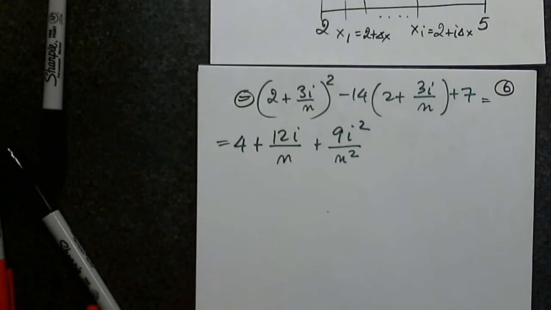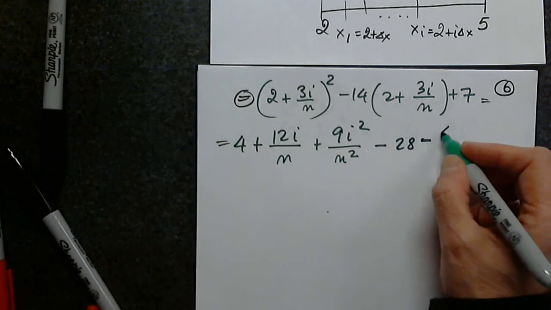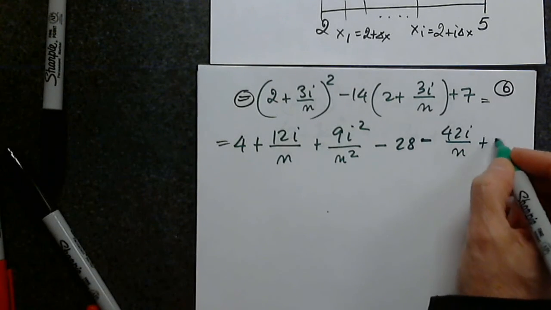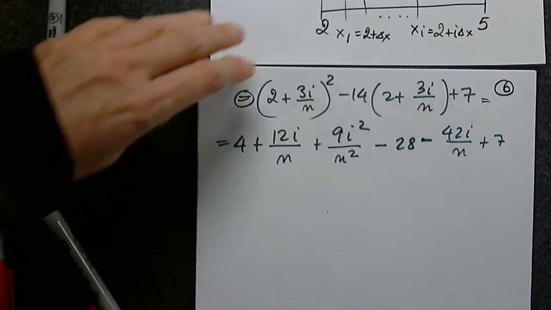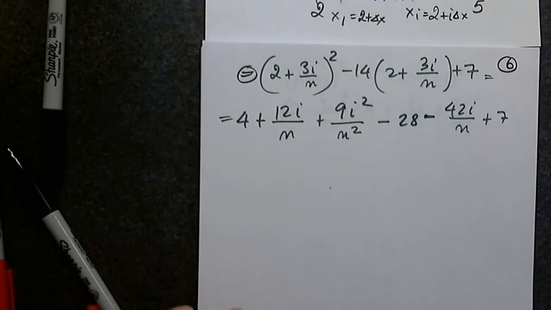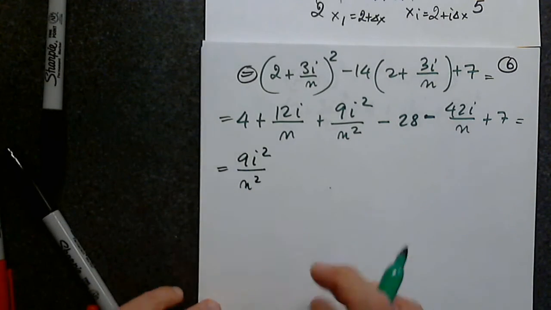Good. Now I distribute negative 14: negative 28 minus 42i over n and plus 7. Is this okay? Now I have to present everything in descending order, combine like terms, simplify it as much as possible. So 9i squared over n squared comes in first.